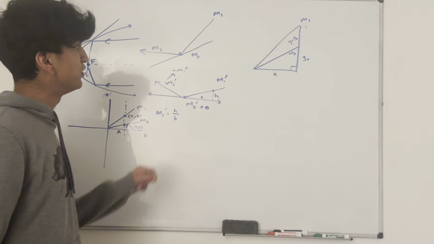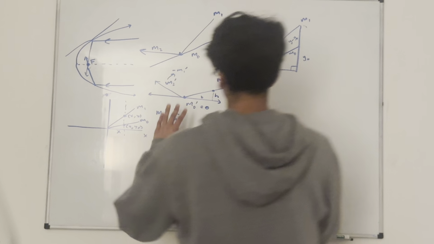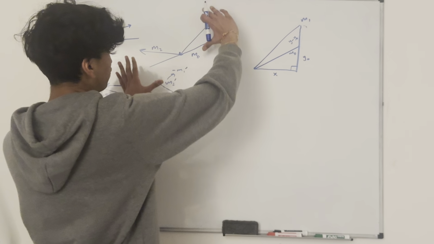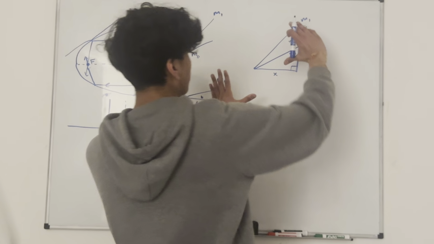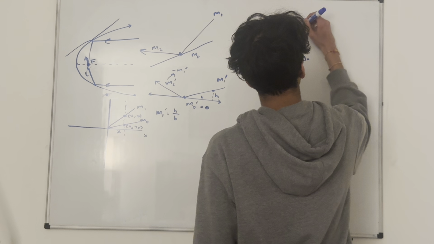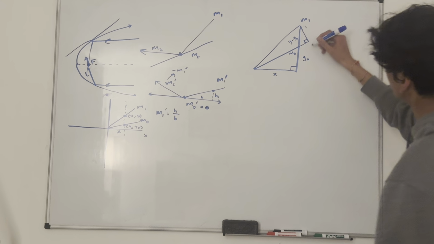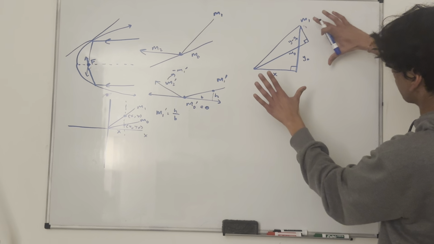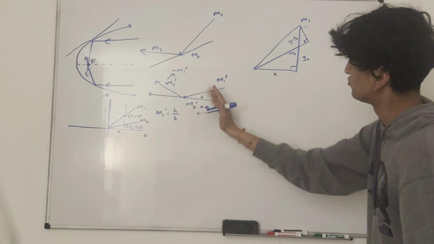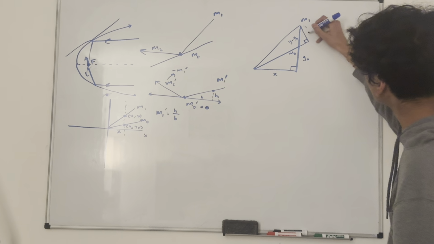So H over B, I need to find H and B. Well, remember, this is just a reoriented graph. I just tilted this. So if I were to draw H and B on this graph, it would be right here, because if this is M initial, if I reorient it, this line is just perpendicular to that mirror line. So this height right here is H.